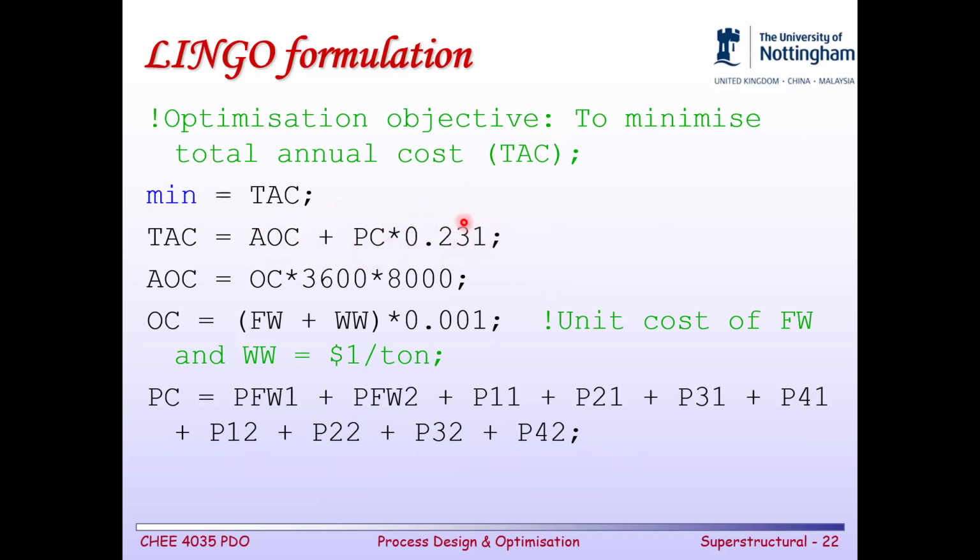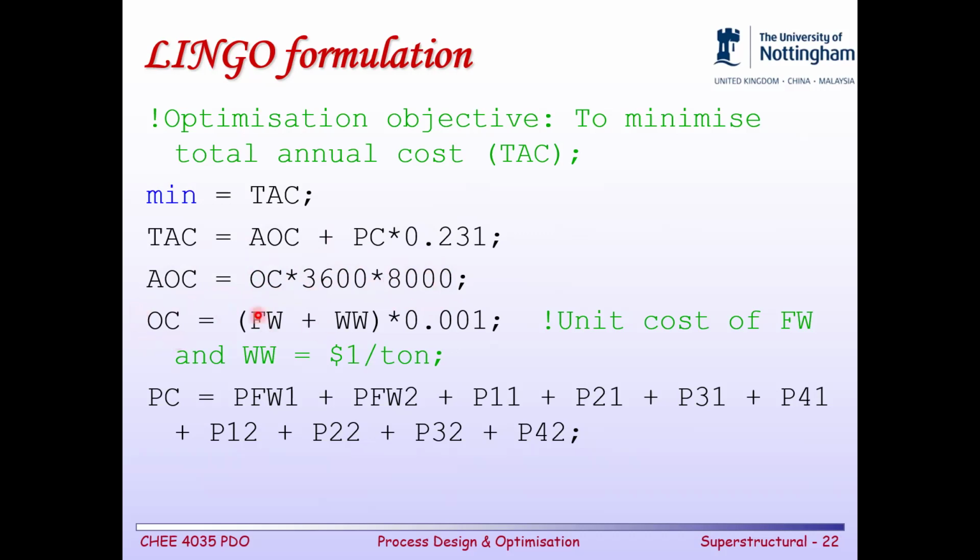It's already computed here, but you can check if this is correct. The operating cost is converted, since the flow rates are per second, converted to hours and then to year. This is the annual operating hour, 8,000 hours per year.